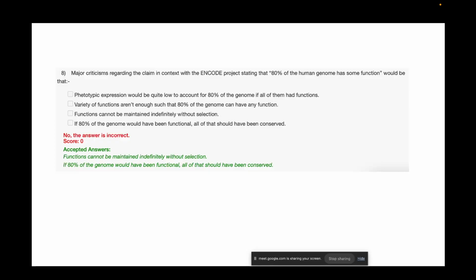It is functional, but not in the sense that it directly codes for or does anything. It regulates via intermediaries. So both are correct from an evolutionary perspective, and these two options will be the correct ones.